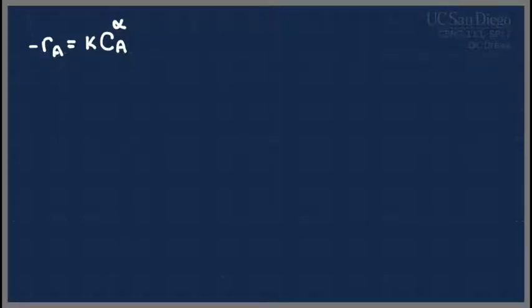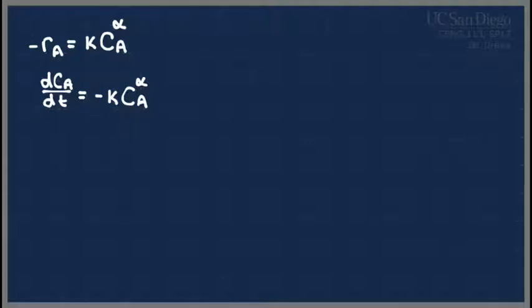If you want to do something like this, you still need to be able to integrate that rate law. Sorry, integrate that material balance. If you were to integrate that material balance, it still looks pretty similar. You start off with dCA dt is minus K CA to the alpha. That's not a terribly difficult integral to evaluate. It's a little harder than the other ones.